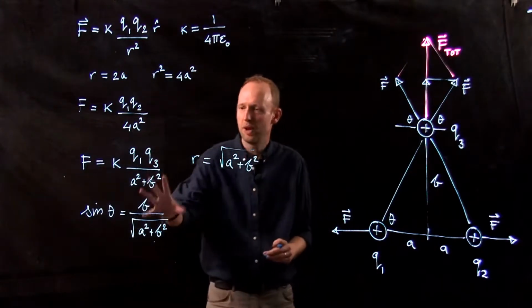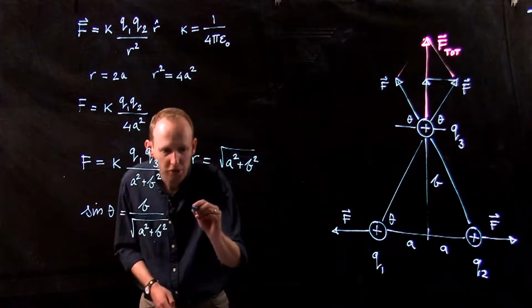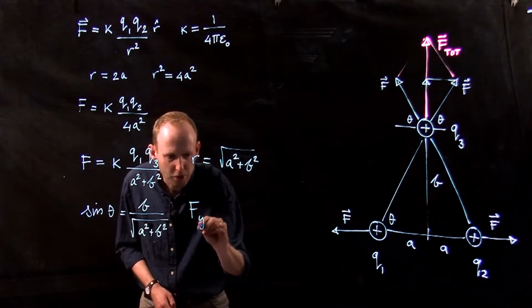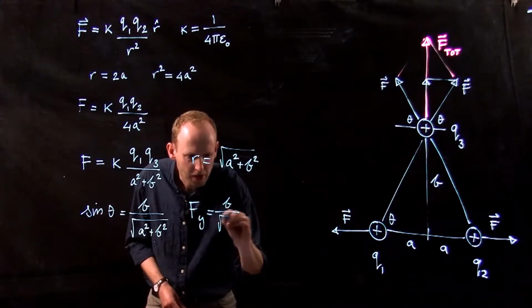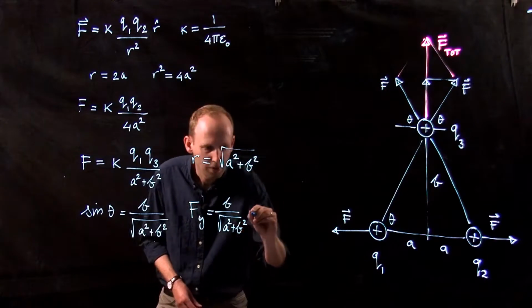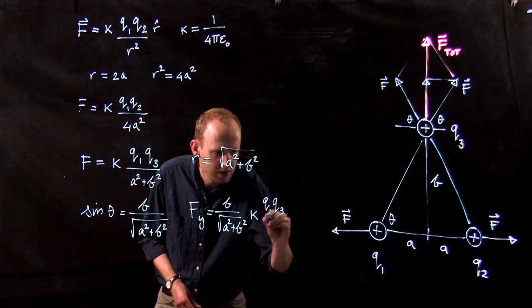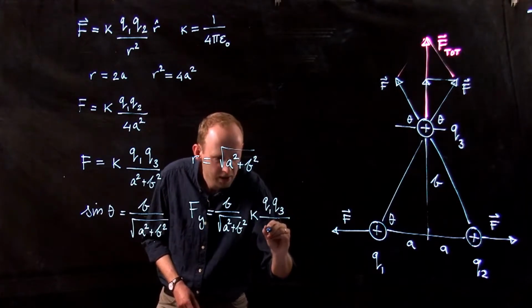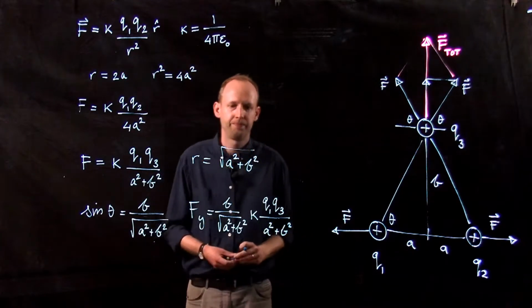And this we have to put in front of the force to get the vertical component. So Fy, the vertical component of the force, will be B divided by the square root of A squared plus B squared times K times Q1 Q3 divided by A squared plus B squared.